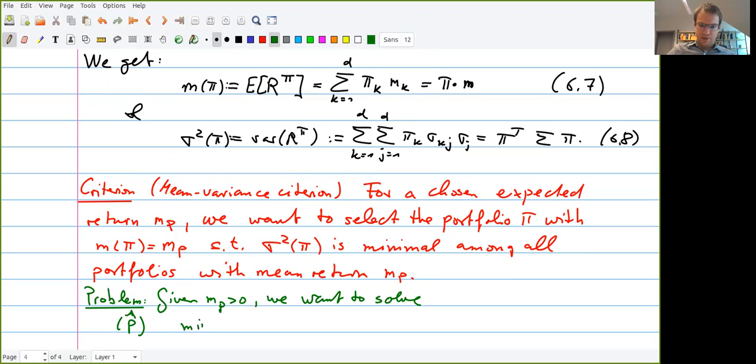So we want to find the minimum over all pi in R^d, which minimizes the variance, and the variance here is just given by this formula. Let me introduce here a factor 1/2 to have a nicer proof in the end. Because what is this? This is a quadratic optimization problem.